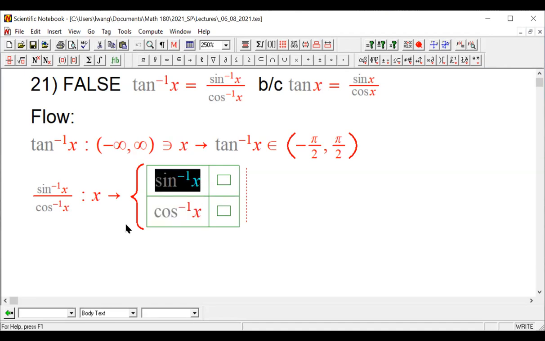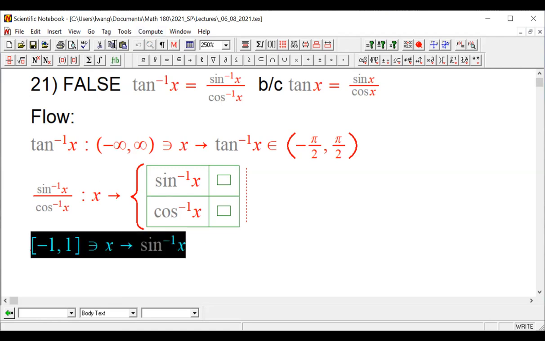For sine inverse, which is arcsine, the input x has to be between -1 and 1. A ratio produces an angle.